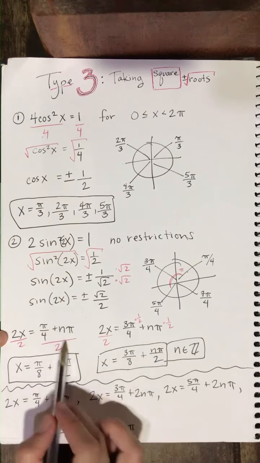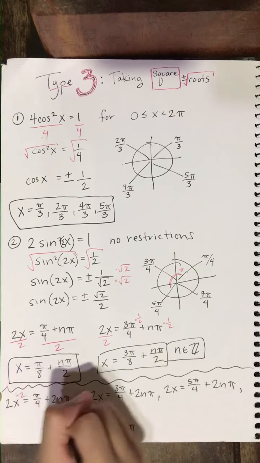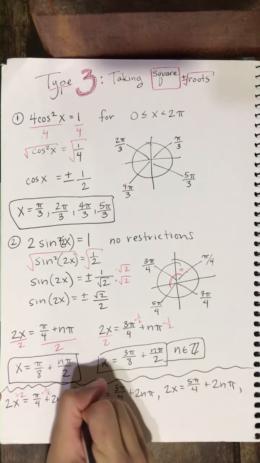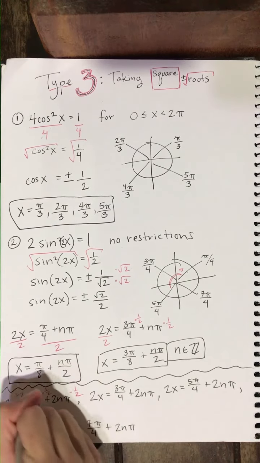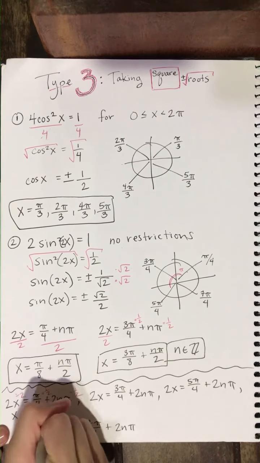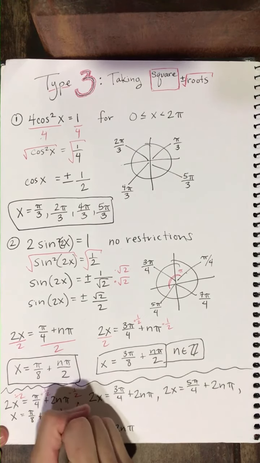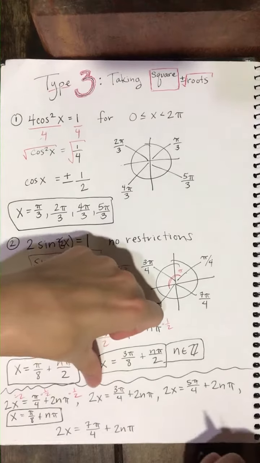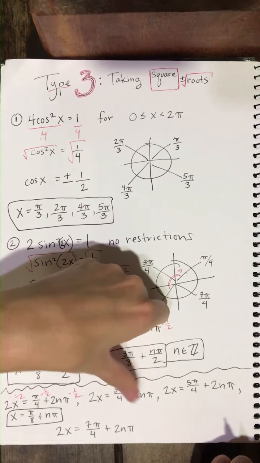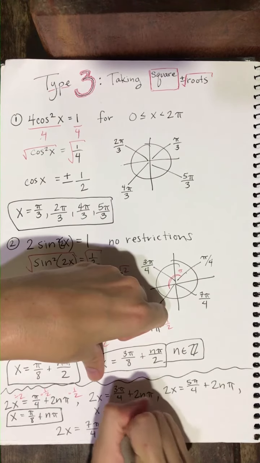All right, last up, divide everything by 2. We already saw that up here, so I'm going to divide by 2. Same thing as multiplying by 1/2 times 1/2, right? So I'm going to have x is equal to pi over 8. And then the 2's will cancel, so I'm left with just n pi now. Over here, divide by 2. Same thing as multiplying the denominators by 1/2. So x is equal to 3 pi over 8.